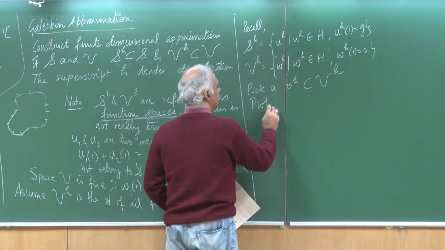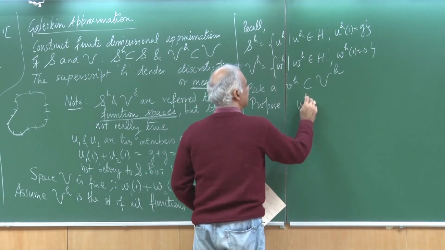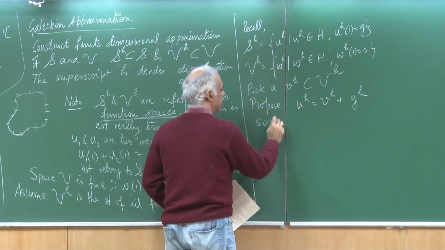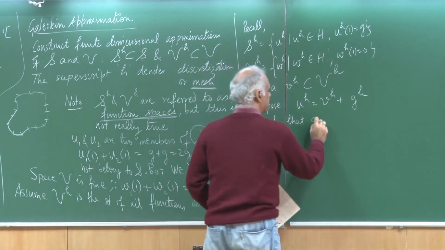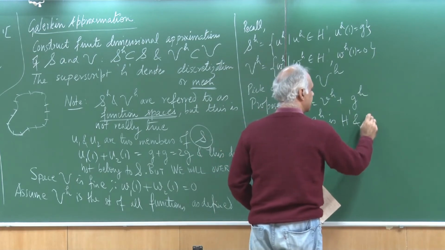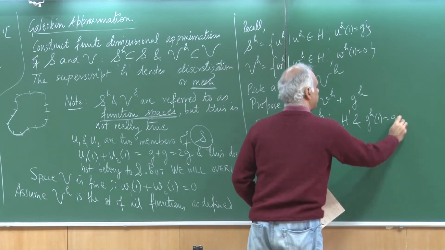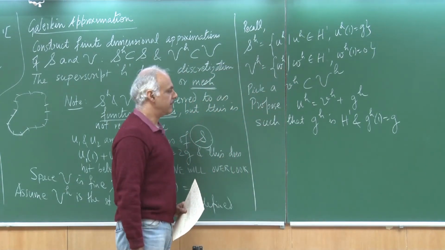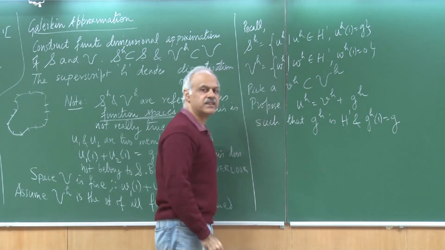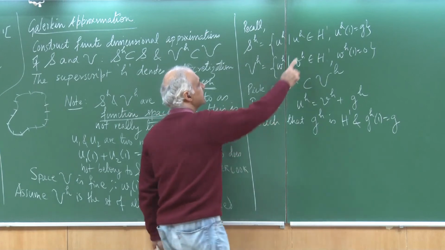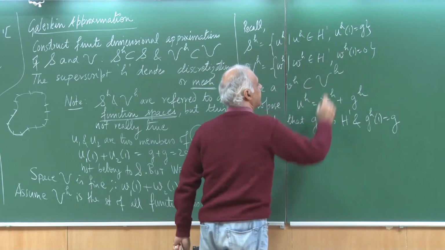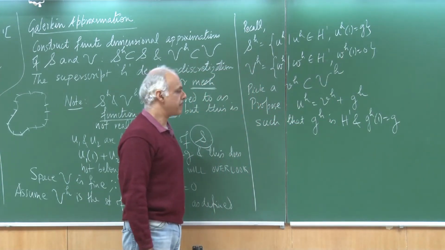So, propose uh is given as vh plus gh such that gh is H1 and gh at 1 is actually equal to g. So, if I take a function gh which has the same smoothness requirement as both of these functions, but then at the boundary it satisfies this condition that it is g.